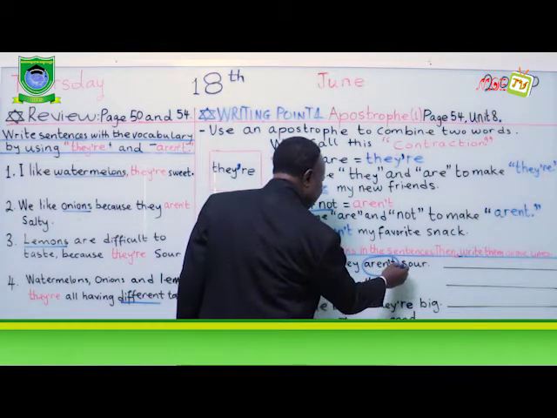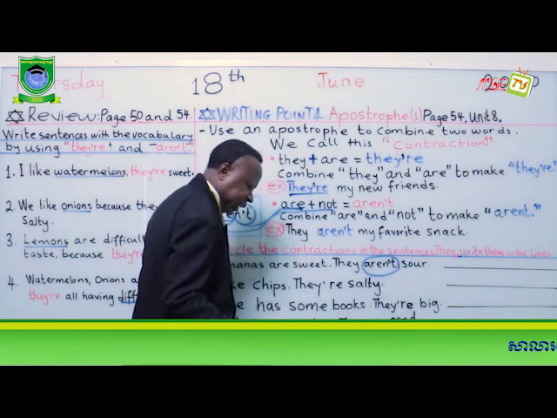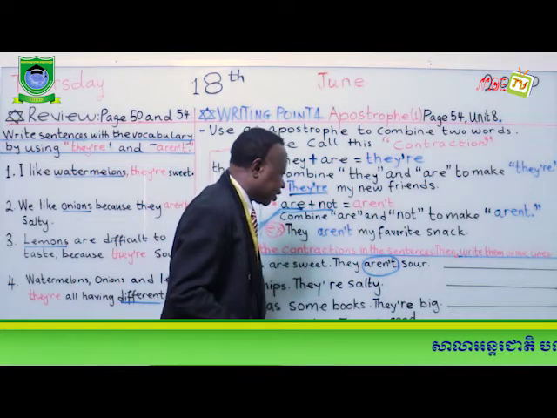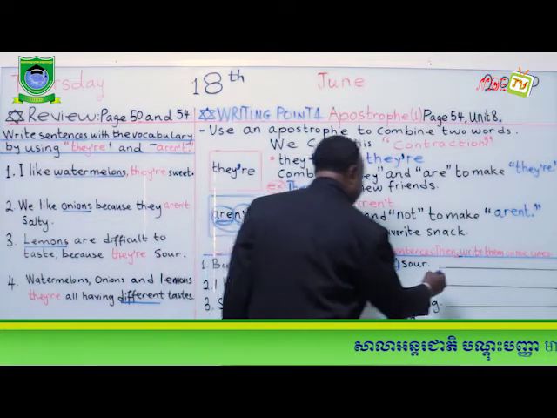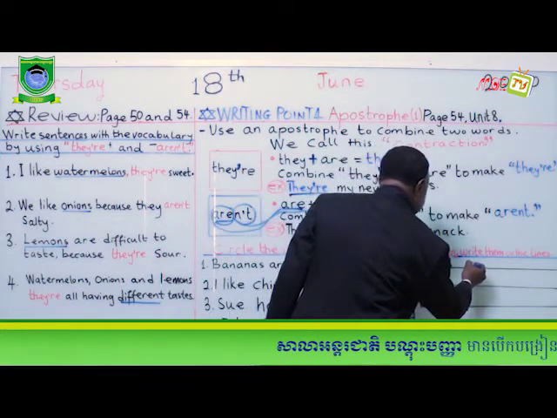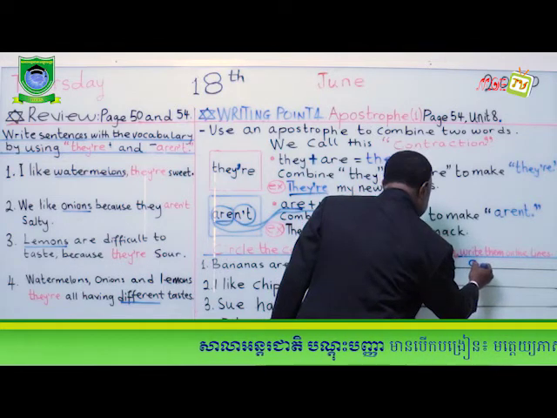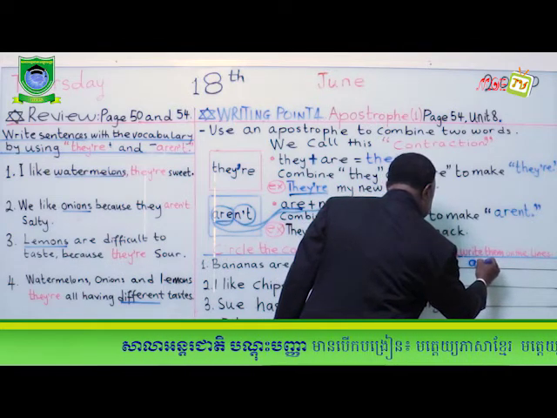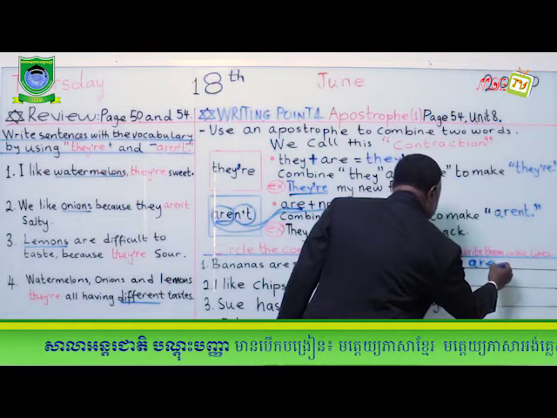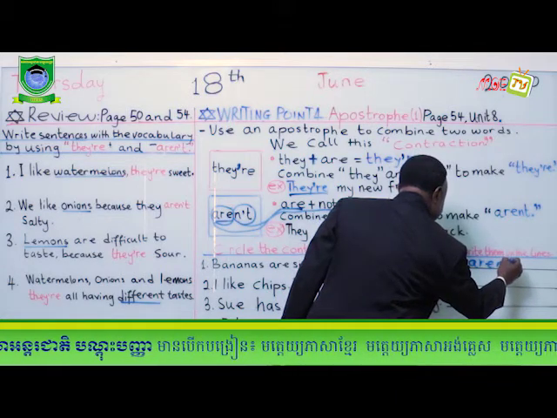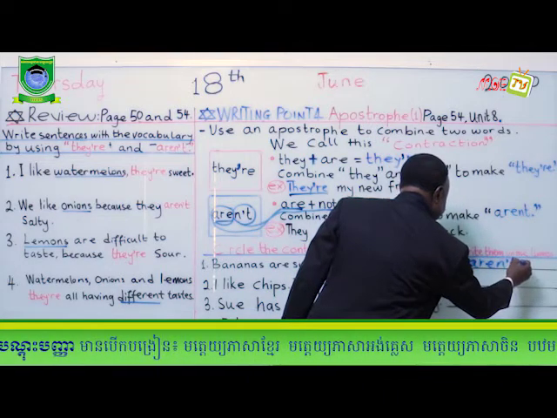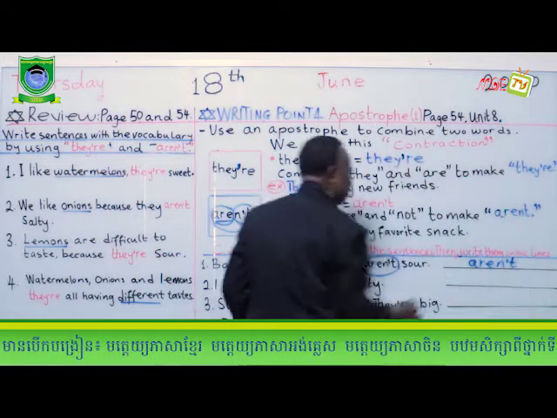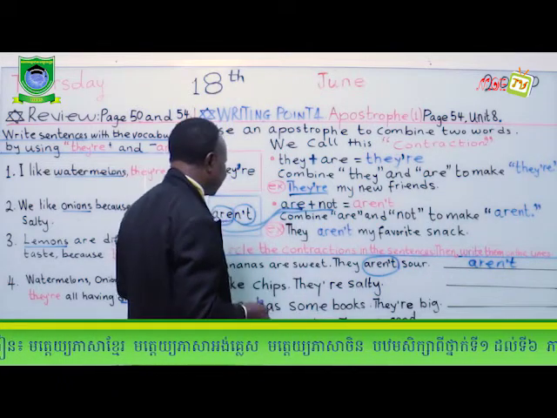And in this sentence, aren't is the contraction. So you have to write the contraction here. A-R-E-N apostrophe T. So this is the contraction in this first sentence.